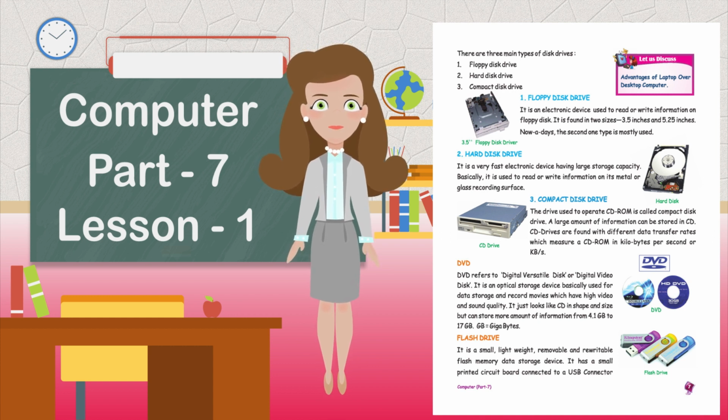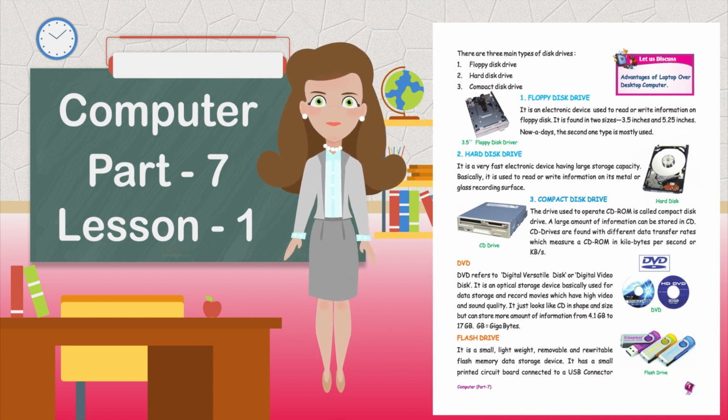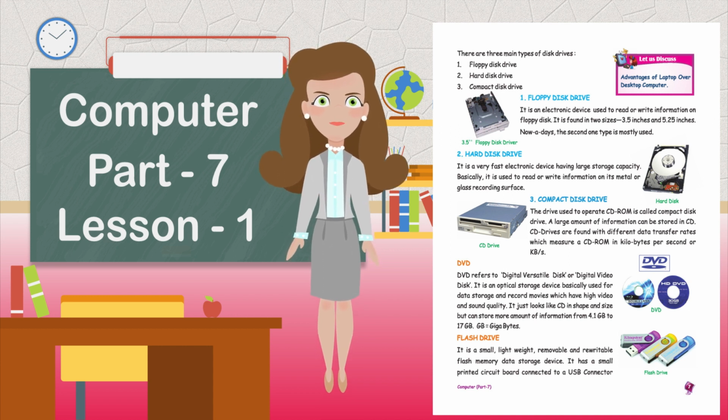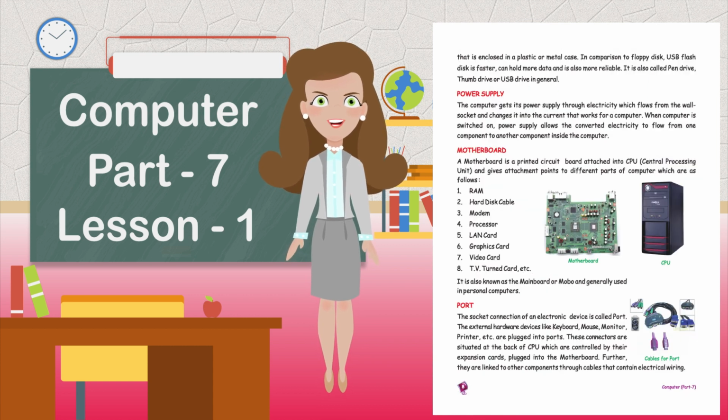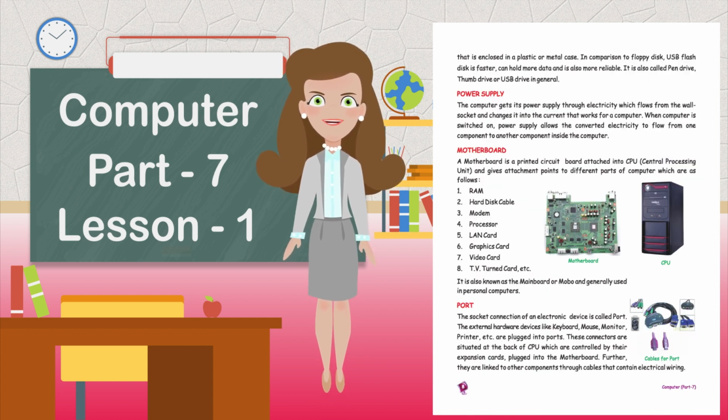Flash drive. It is a small, lightweight, removable and rewritable flash memory data storage device. It has a small printed circuit board connected to a USB connector that is enclosed in a plastic or metal case.